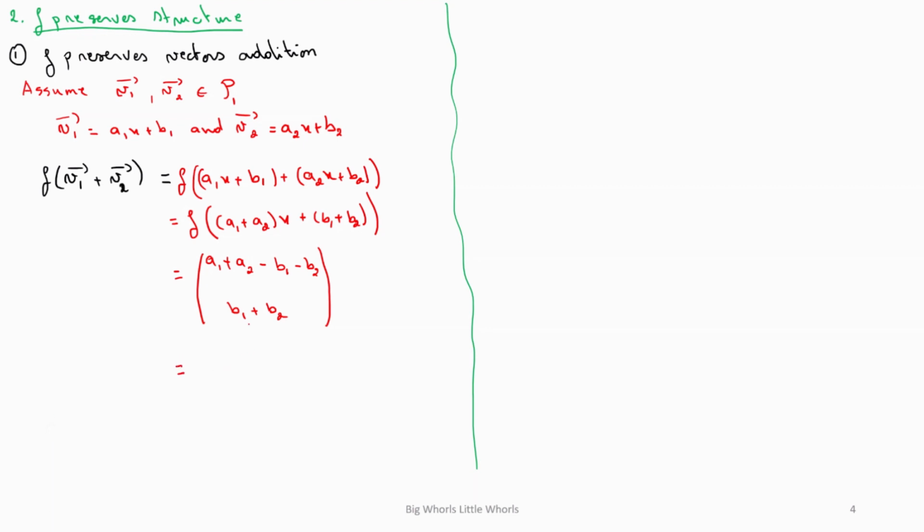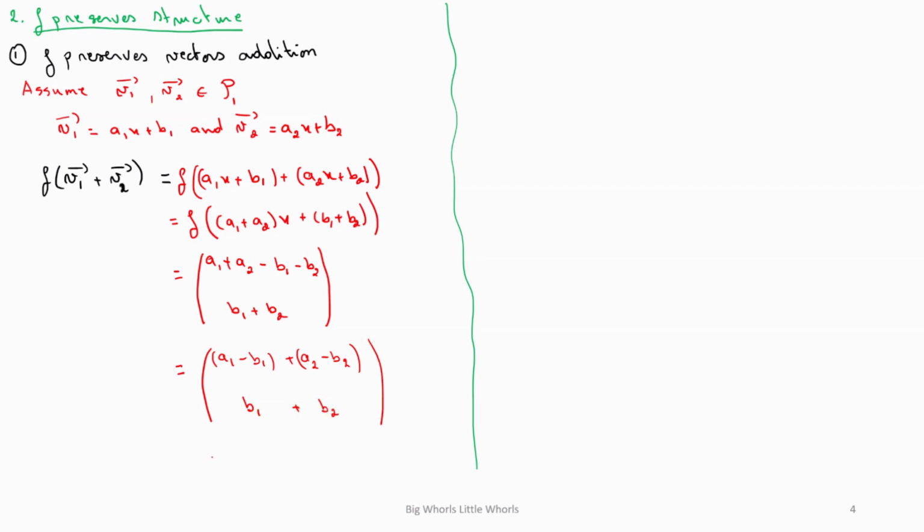Here, what we can do is split this vector into two: my a1 minus b1, plus a2 minus b2, and here we can have b1 plus b2.